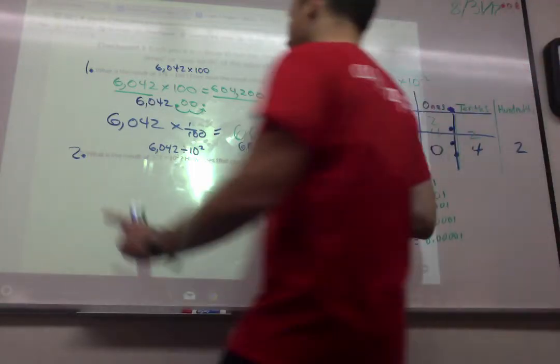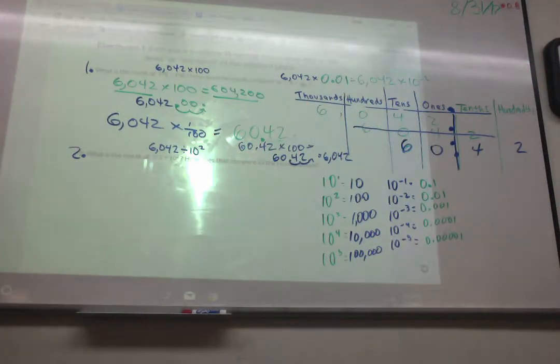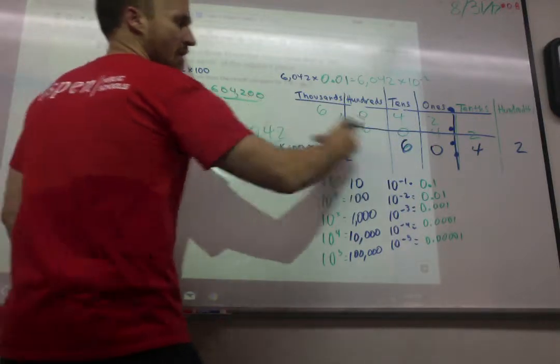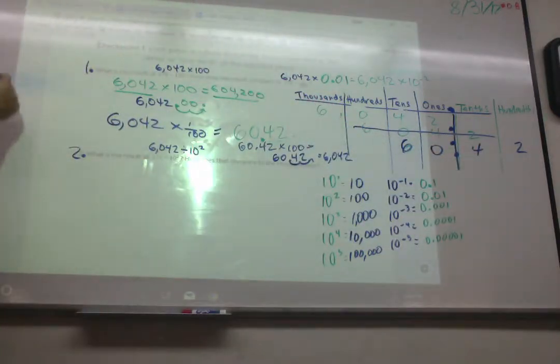How do these two numbers compare? How does the number 6,000, how does this number compare to this number? Let me write it out. Think about it. How much bigger is this number than this number?